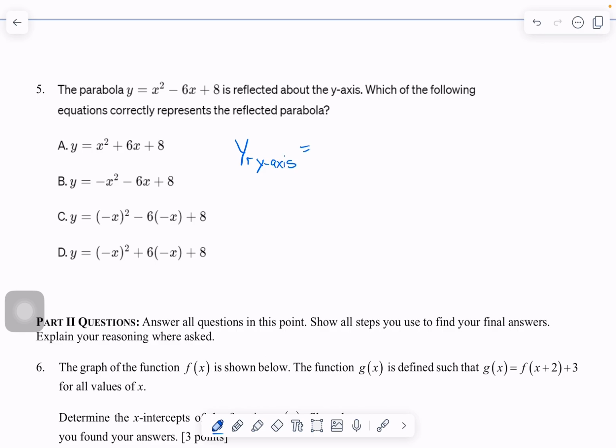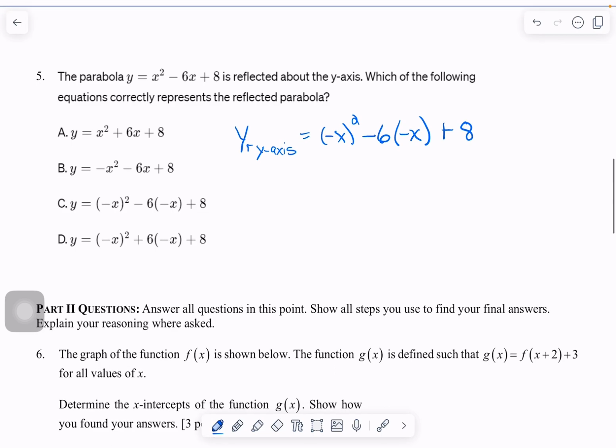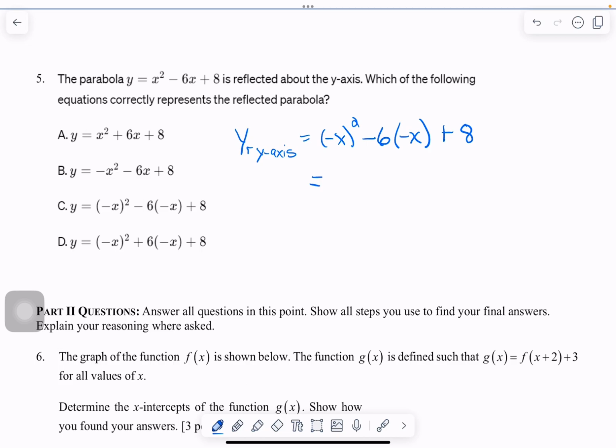Okay, so negative x squared: we negate the x, but it becomes positive, so that's not going to change. Minus the 6x, but we negate this x, and plus 8. That's why I say only the middle term is going to have a change in sign. So this is equal to x squared plus 6x plus 8, which is choice number 1.